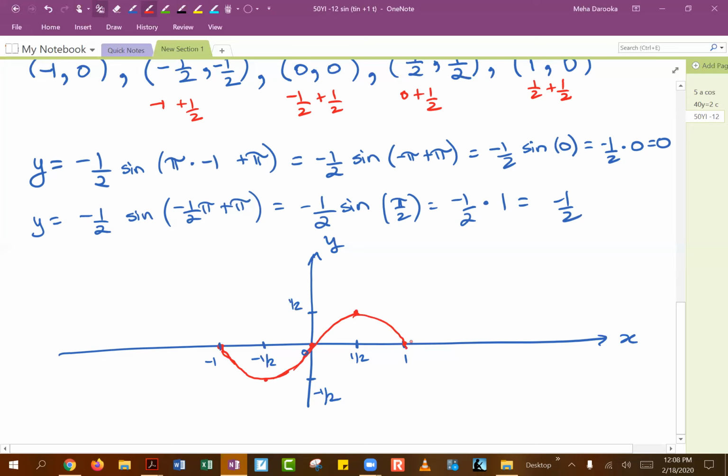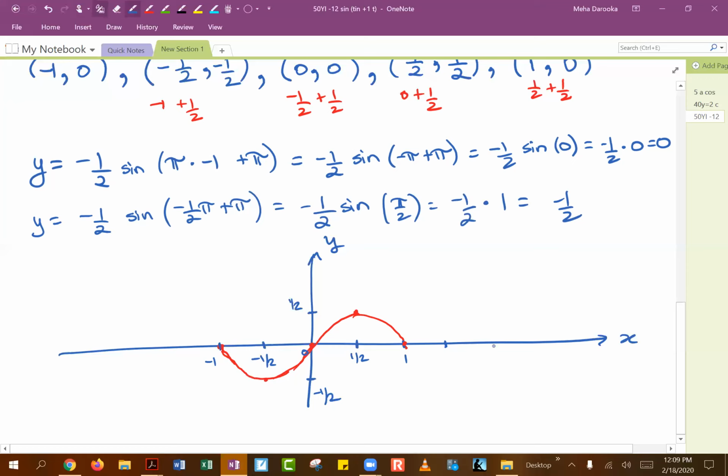Now, if they asked you to do a couple different periods, what would you do? How would you expand this graph? So what should our next x value be here? 1.5, right?